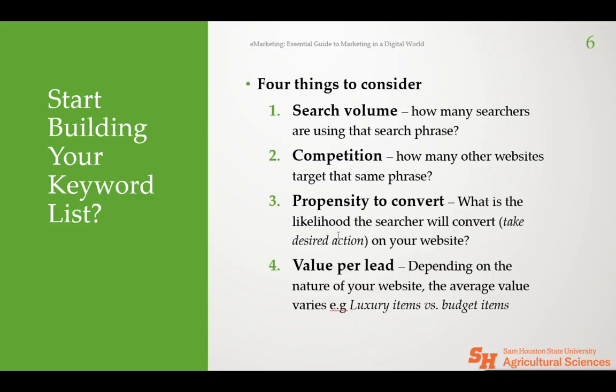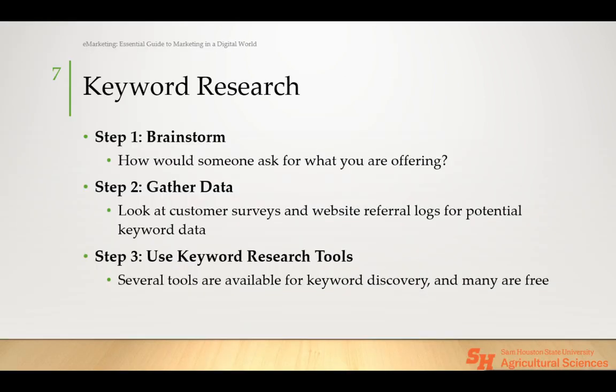What is the likelihood that the searcher will actually convert or take desired action on your website? And the value per lead. Depending upon the nature of your website, the average value varies. That might be if you're considering luxury items versus budget items.